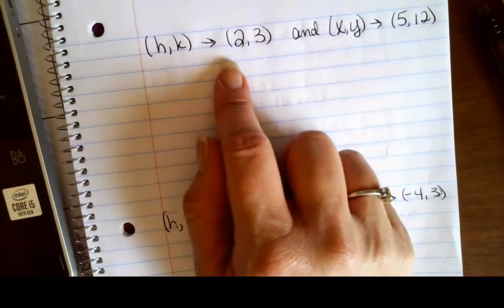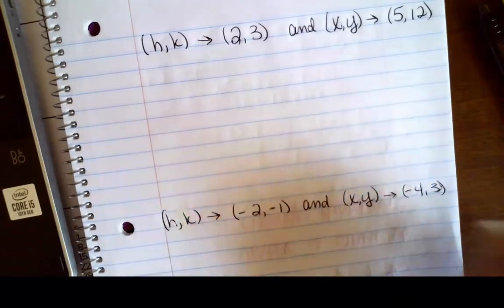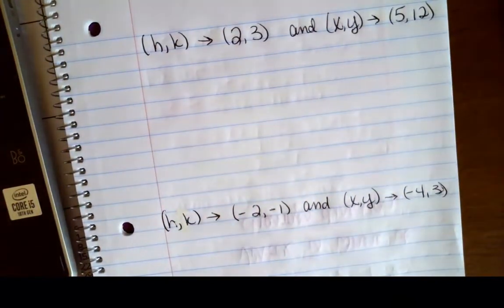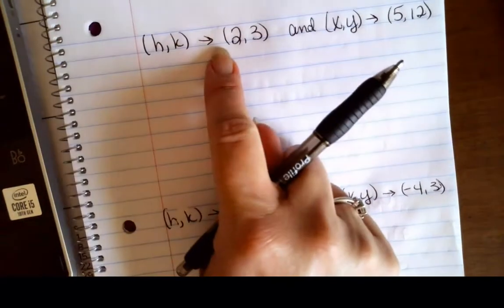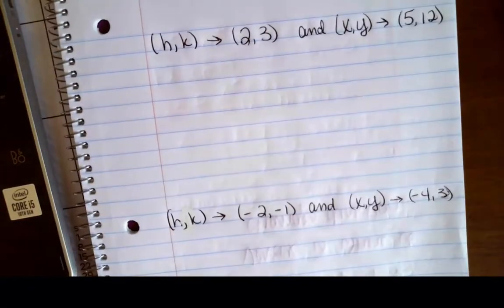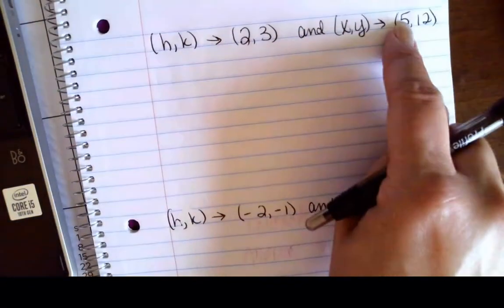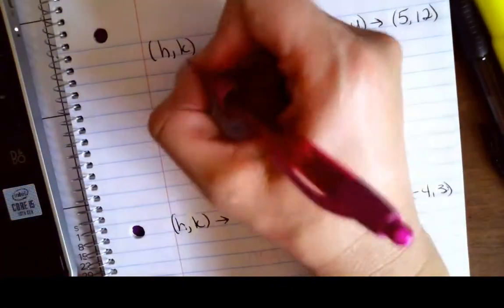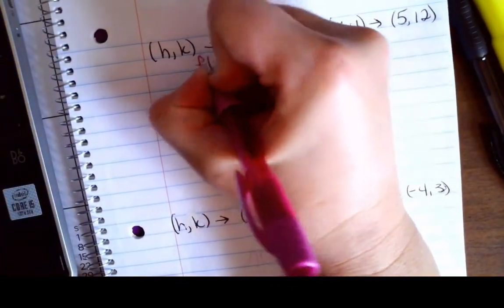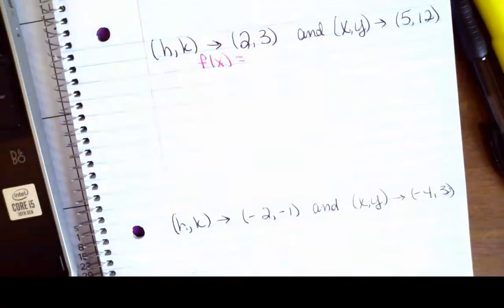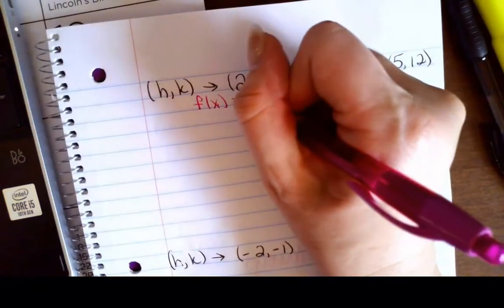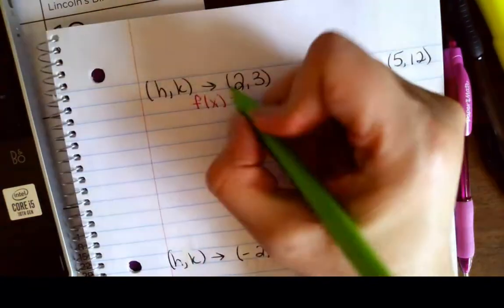We gave you the vertex and a random other point, and we would like to know what the formula is in general form. So I'm going to use vertex form because I was just given the vertex. I'm going to use vertex form and this other point, and I'm going to find out what that is. So I have f of x equals, and remember that general form has an a out front.